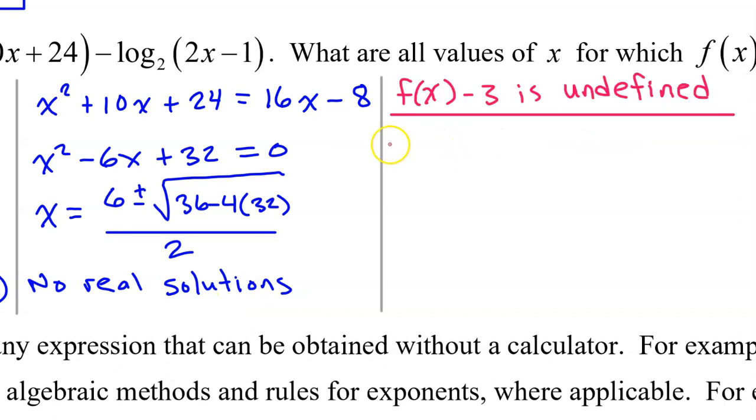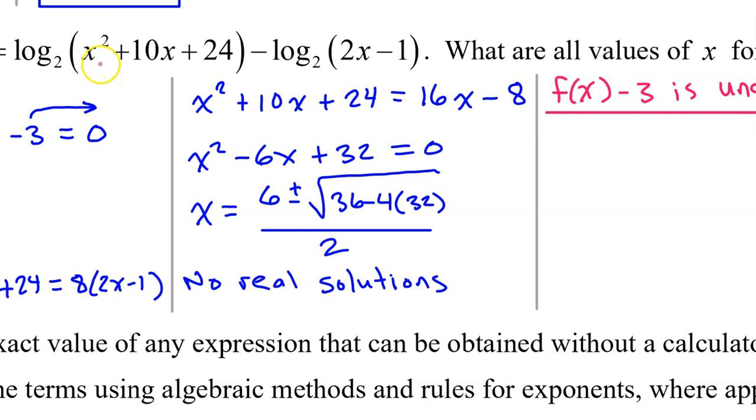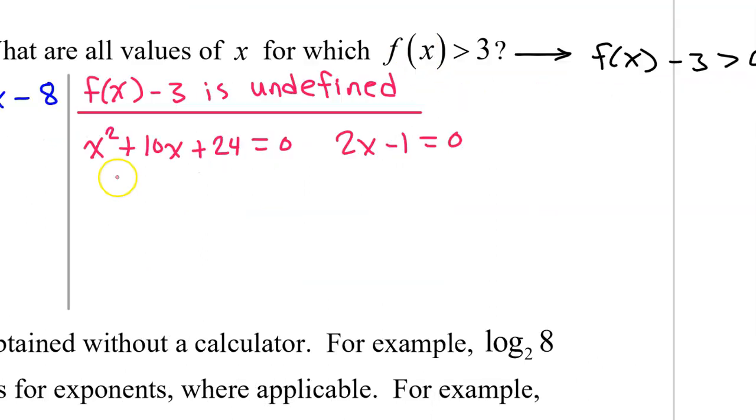That means the only critical values on the sign chart will come from where f of x minus 3 is undefined. You cannot take the log of 0, so f of x minus 3 will definitely be undefined when this trinomial is equal to 0 or when 2x minus 1 is equal to 0.